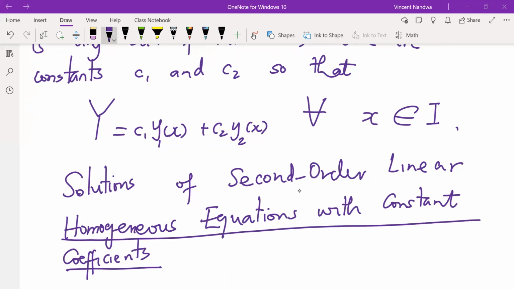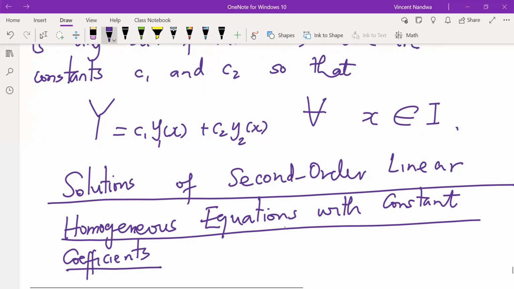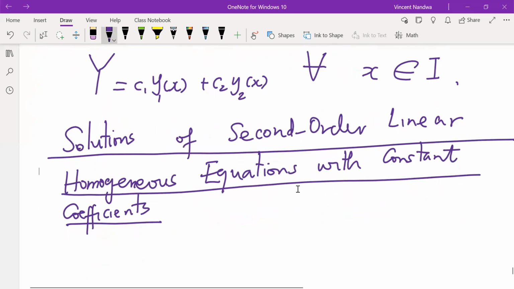So differential equations with non-constant coefficients will be dealt with when we are discussing series solutions of differential equations. But for a start, we'll assume that all the coefficients are real numbers, or simply constants.